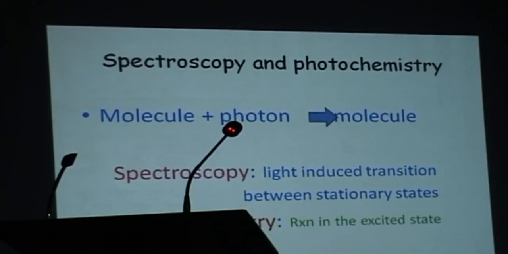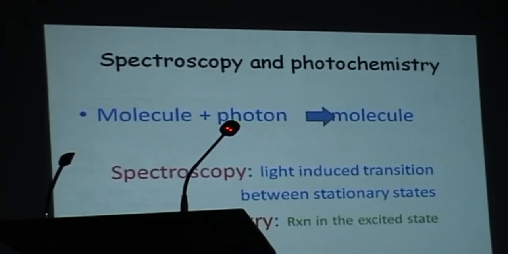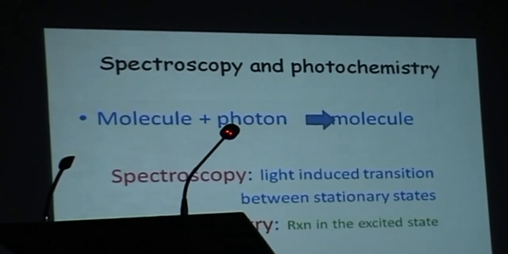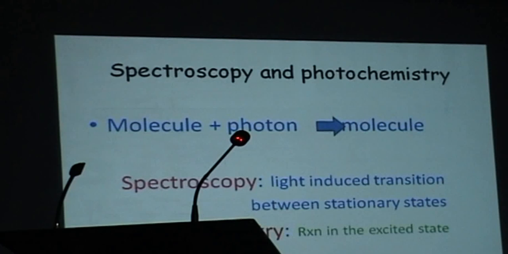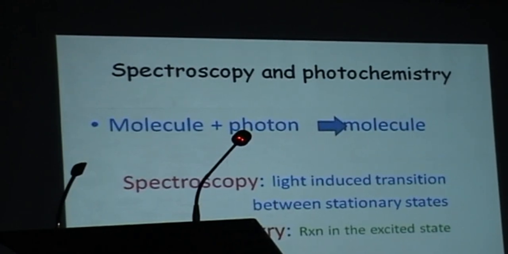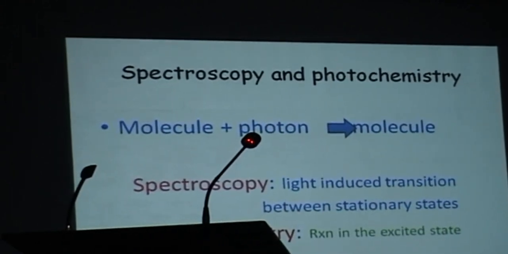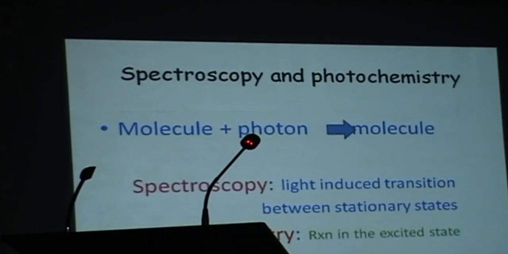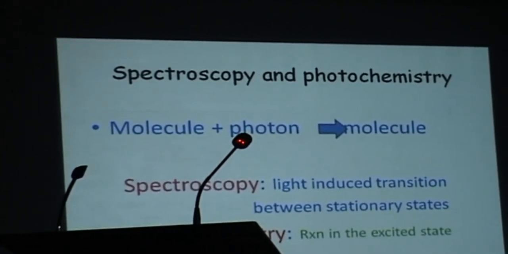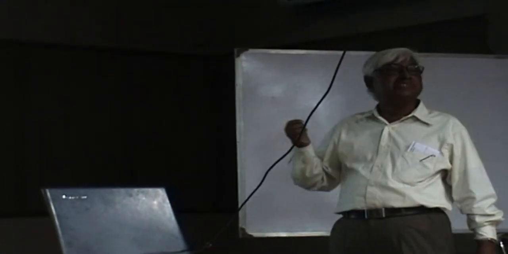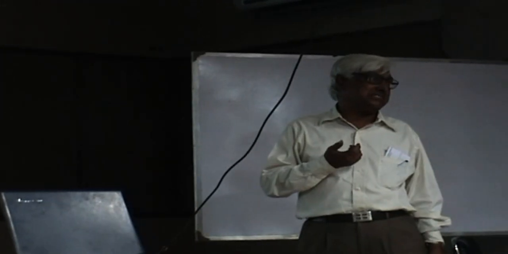Spectroscopy and photochemistry. In spectroscopy, the process taking place is molecule plus photon to molecule, a light-induced transition between the stationary states. This is the main thing. And photochemistry is where a chemical reaction takes place in the presence of light. Now we know that photochemistry is a reaction in the excited state.